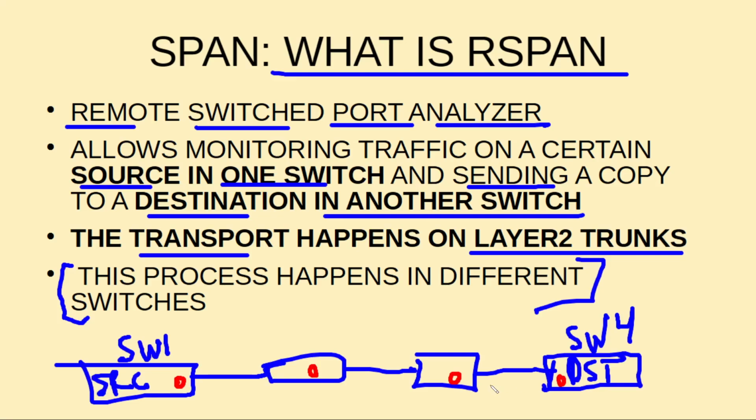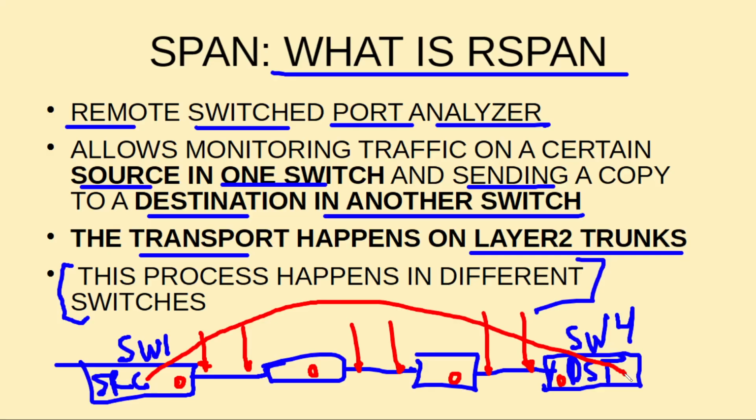And you need to allow this VLAN in order to send traffic in this trunk interface, this trunk interface, this interface, and this interface. This means that you must make sure that this VLAN exists within the allowed VLAN list for these trunks, in such a way that the traffic will be copied and will be sent from source to destination.